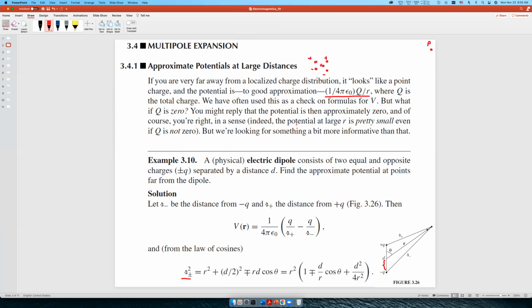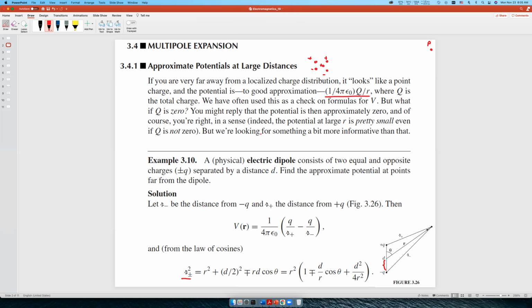And indeed, the potential at large r is pretty small, even if Q is not zero. So if it's far away enough, even if the net charge is non-zero, you still should get about zero potential at the location you're concerned with.